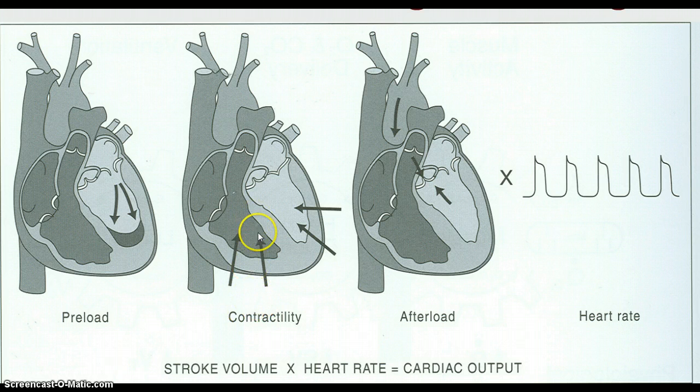Contractility is the amount of force that they contract with, and that can change depending on the hormones and stuff. And then after that, there's afterload. And afterload is the amount of force needed to push open that valve. And then there's heart rate, which I talked about already.